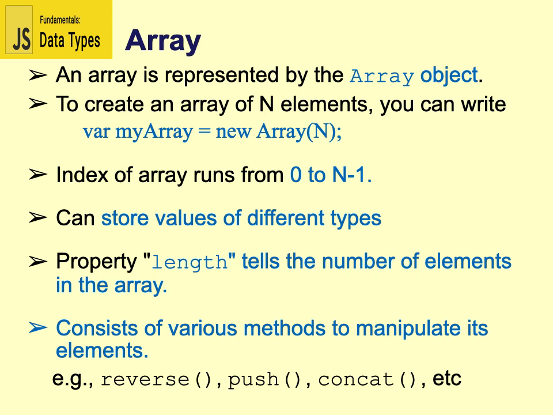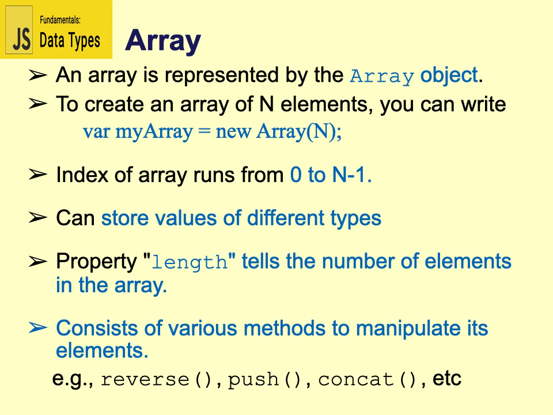An array is represented by the Array object. To create an array of n elements, you can write var, which is a keyword for variable declaration; var makes myArray a local variable. So var myArray is equal to new Array of the size, here specified as n. The index of the array runs from 0 to n minus 1. Suppose you are specifying 10 as the size.